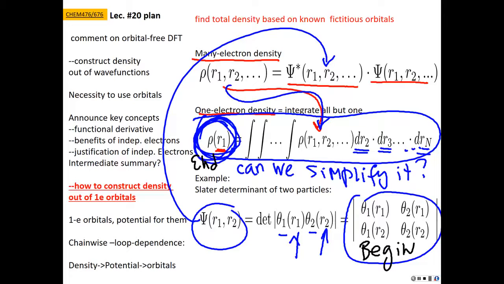Now, this term is a minus sign: theta 2 R1 star, theta 1 R2 star, theta 1 R1 theta 2 R2 without stars. And the last term is a plus sign: theta 2 R1 star theta 1 R2 star, theta 2 R1 theta 1 R2 without star.